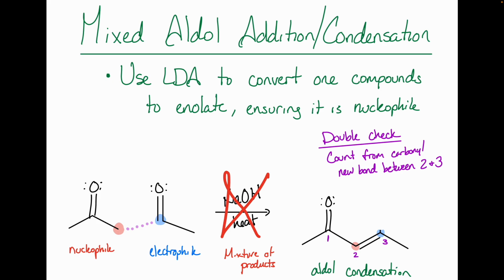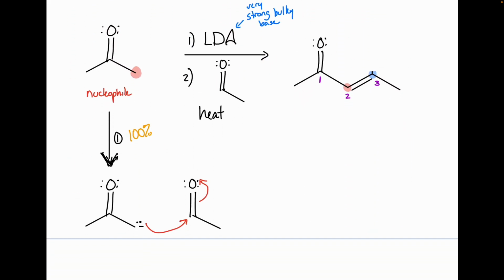By using LDA, we will take just acetone and introduce that LDA, and that guarantees that acetone is going to play the role of the nucleophile in this reaction, because 100% of those acetone molecules are converted into that nucleophile, that enolate form, right? Then we'll add in our electrophile and let them react together.